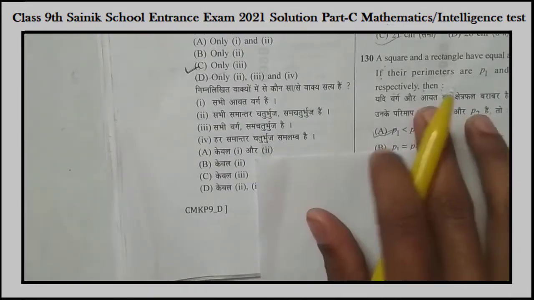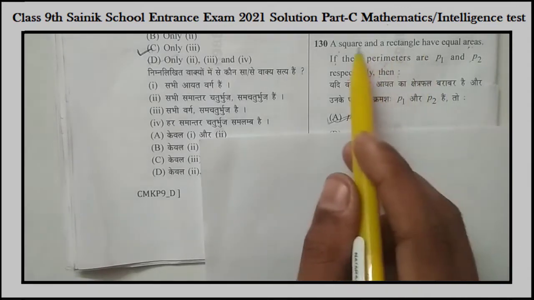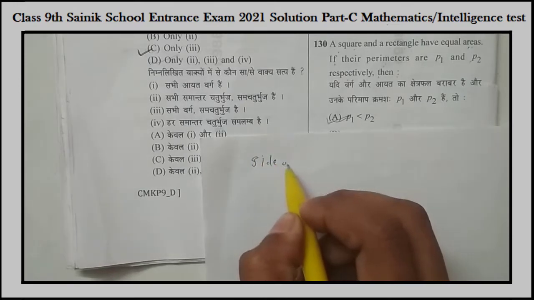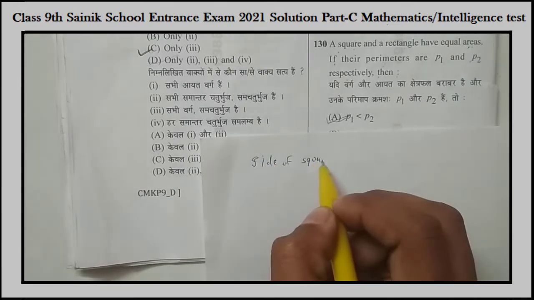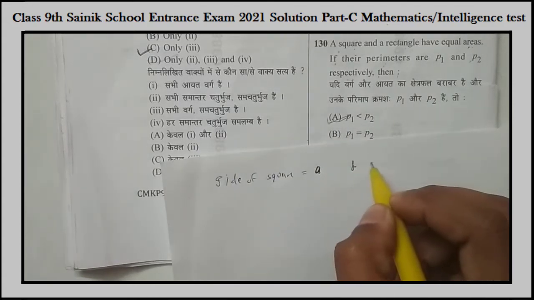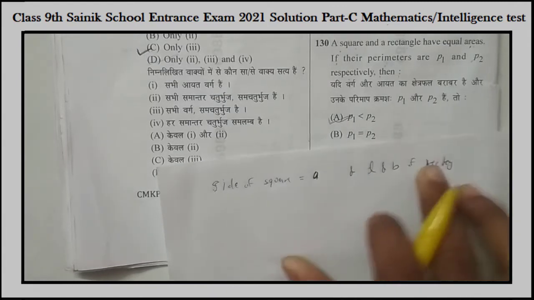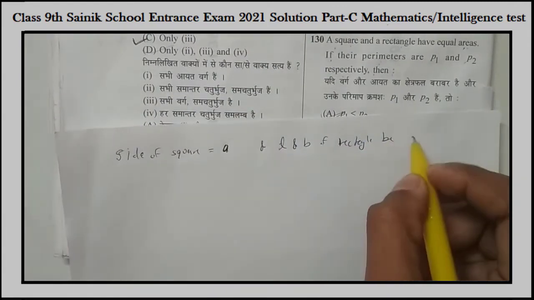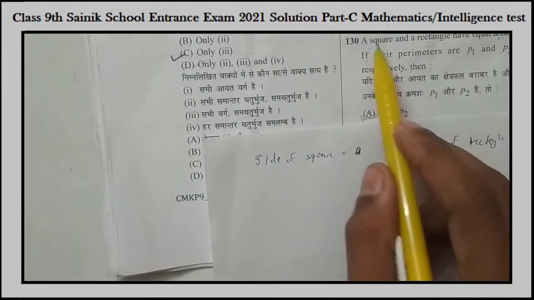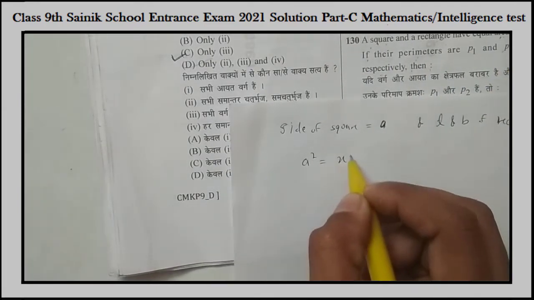What is given? We are given that the square and rectangle have equal area. Let us suppose the side of the square is A, and the length and breadth of the rectangle are X and Y. According to the question, the square and rectangle have equal area, so we can say that A square is equal to XY.